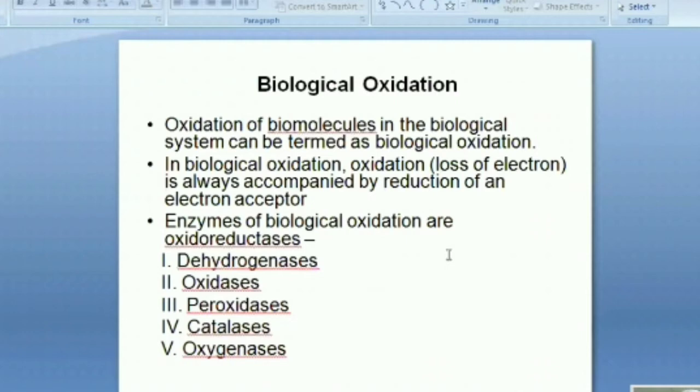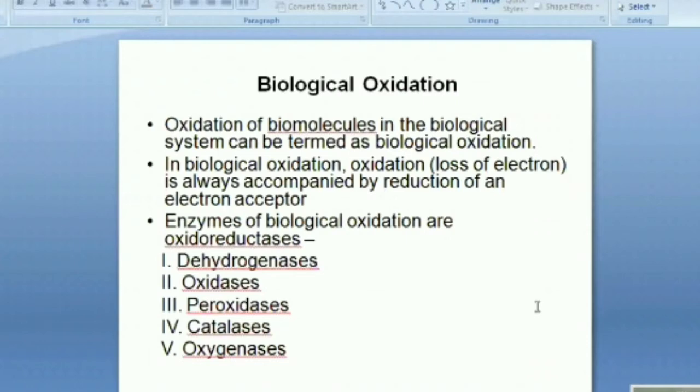Biological oxidation. This is a simplified way to define biological oxidation: oxidation within the biological system is called biological oxidation.